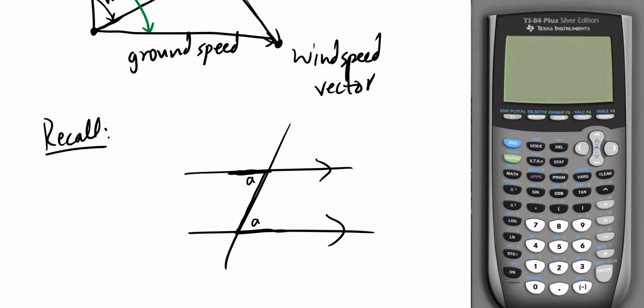They come like Z, backwards Z, upside down Z, as long as it looks like a Z. And if we call this angle B, this angle and this angle together are supplementary. They add up to 180 degrees. Sometimes we use this when we do navigation, airspeed, and things like that. Those are important to know.